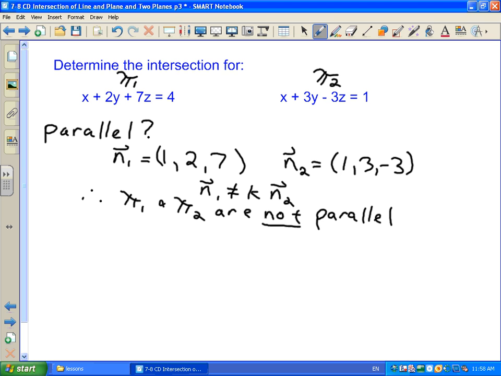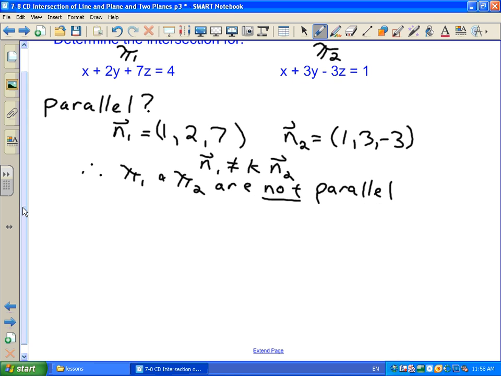So if they're not parallel, there is going to be a point of intersection. There is going to be an intersection, and our job is to find the line, the equation of the line where these two things intersect. How do we do that? Let's start by taking our two equations here and writing them together as a system of equations.